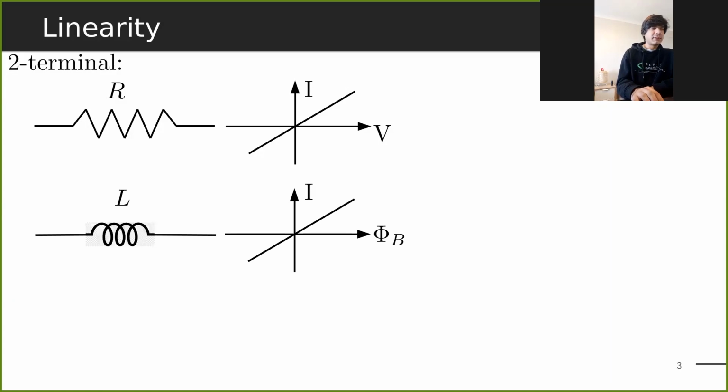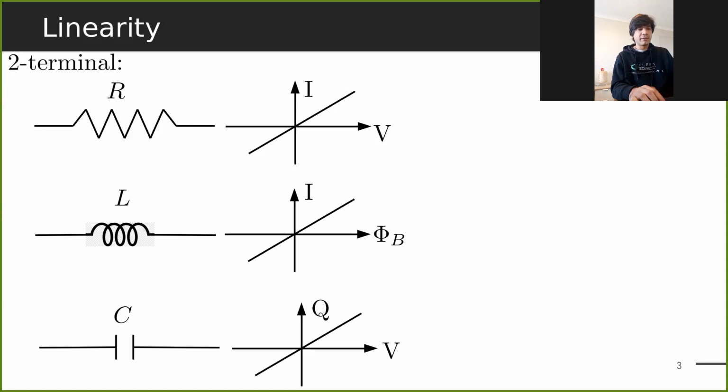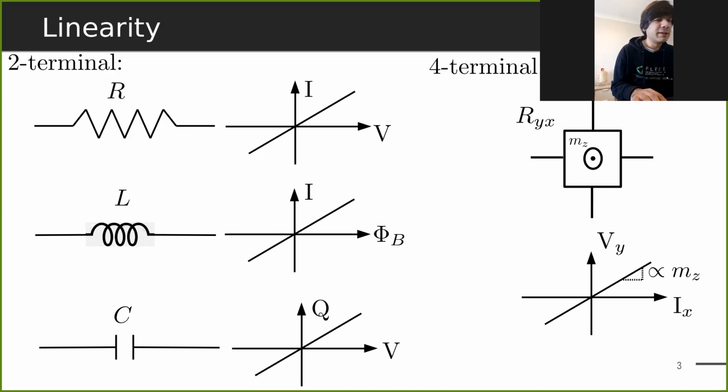Similarly, an inductor has a similar relationship between the magnetic flux in the device and the current that passes through it. Finally, a capacitor stores a charge that's linearly proportional to the voltage applied on the device.